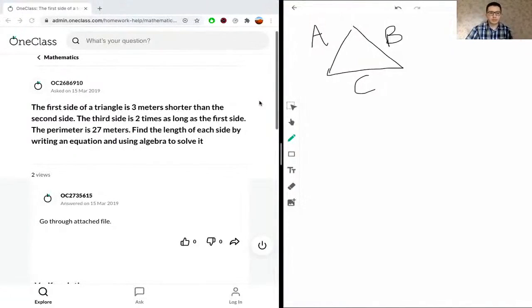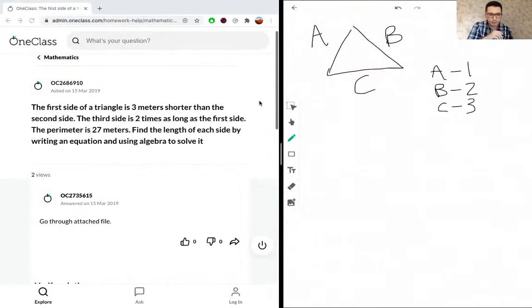The first side of a triangle is 3 meters shorter than the second side. So A is side 1, B is side 2, and C is side 3.